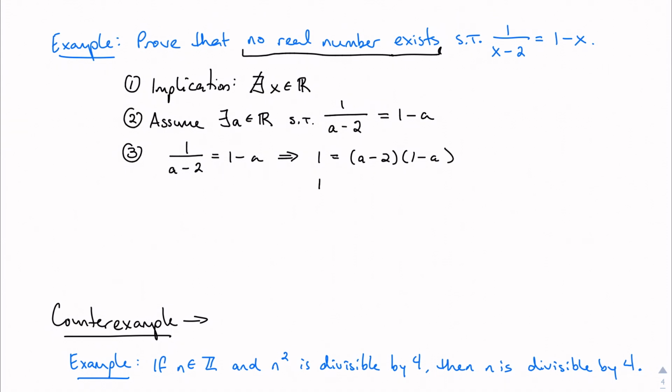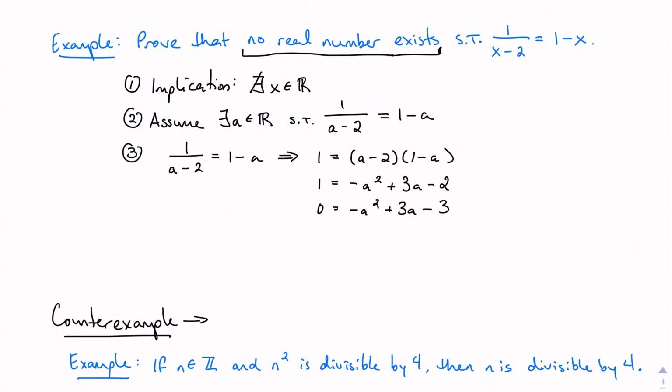I'm going to FOIL. I have negative a squared, plus 2a plus 1a, so plus 3a minus 2. Subtract 1 on both sides. 3a minus 3. And well, this is not factorable, so the quadratic formula would probably be helpful.